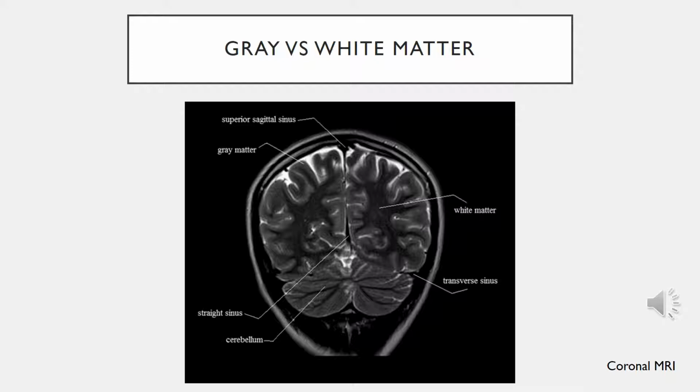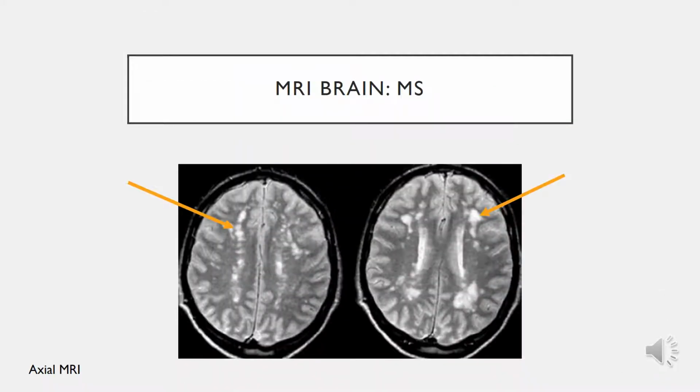We can see the difference between that gray matter and white matter on our CT scans, MRI scans, and ultrasound. Because we can tell the difference between the gray matter and the white matter on our images, that can help us distinguish different pathologies like MS. Some pathologies of the brain can be diagnosed by analyzing that matter.